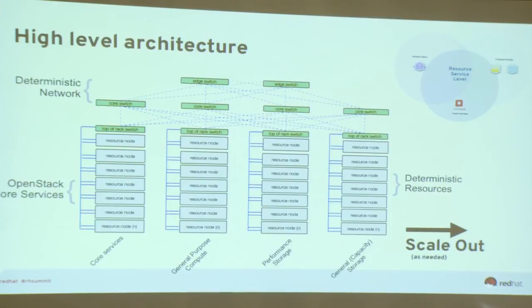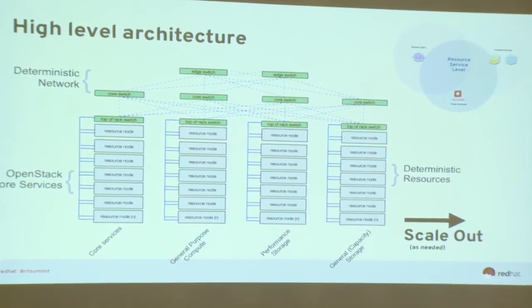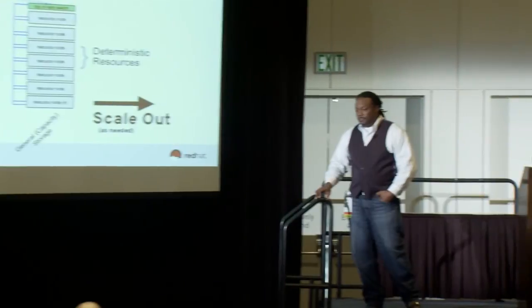If you follow the packet, so to speak, you will have non-blocking I/O at wire speed throughout this network. It's just a standard switch. There's nothing magical. It's just a different approach.